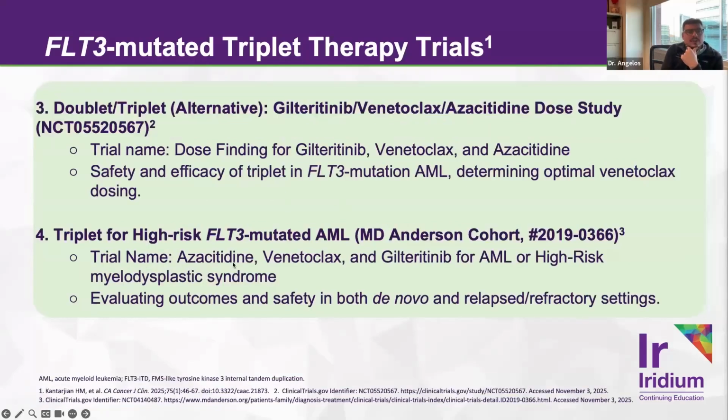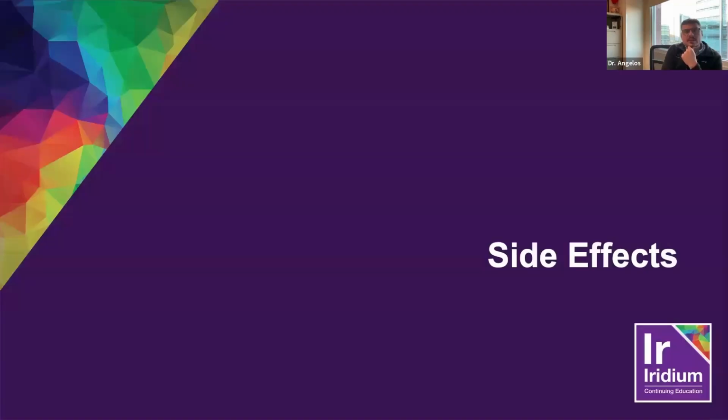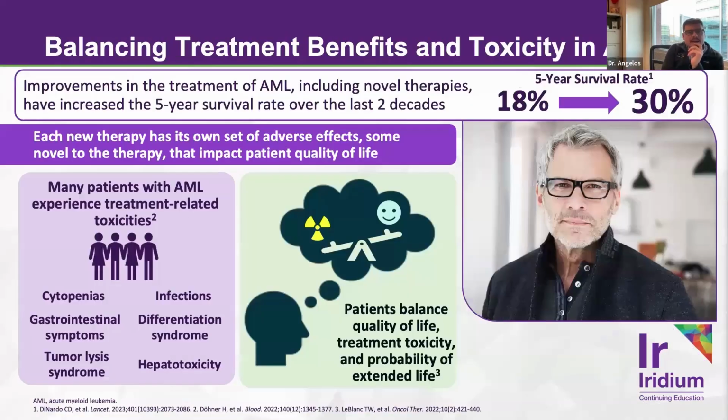But we are now also entering this era, not listed on this slide, of starting to combine menin inhibitors as well to backbones of high-intensity chemotherapy and now also lower intensity chemotherapy. And so that data is now just starting to get published, reflecting results from phase 1, phase 2 clinical trials. I think we talked about side effects already.